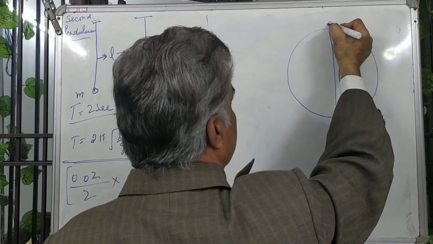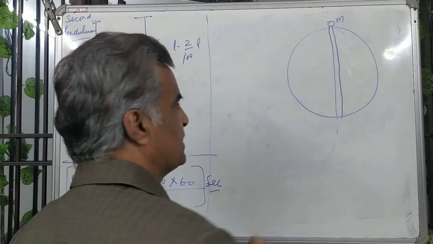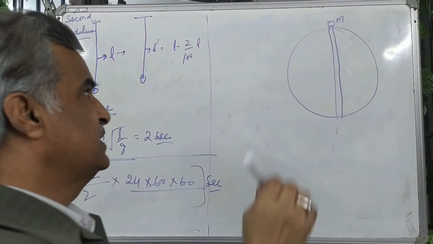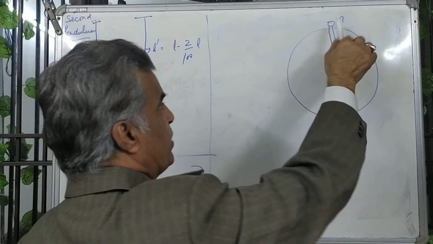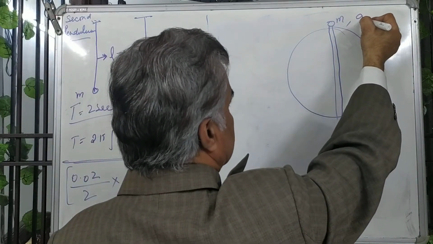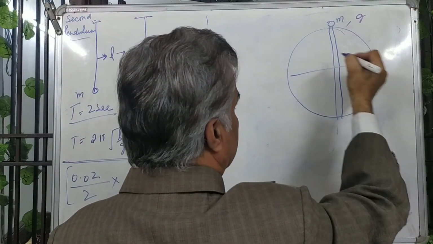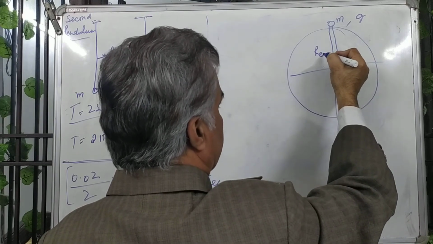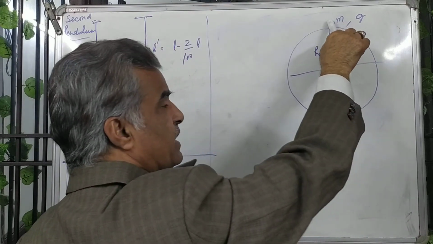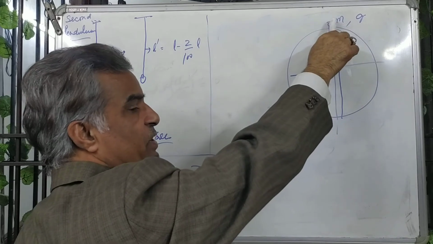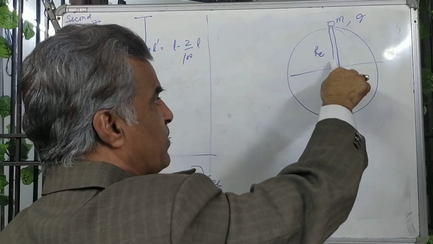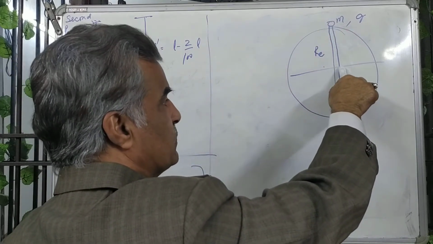A mass m body is released, without friction. We know at this point acceleration is g and the radius of the earth is Re. When released, acceleration at this point is maximum, and as it comes down the acceleration is 0.